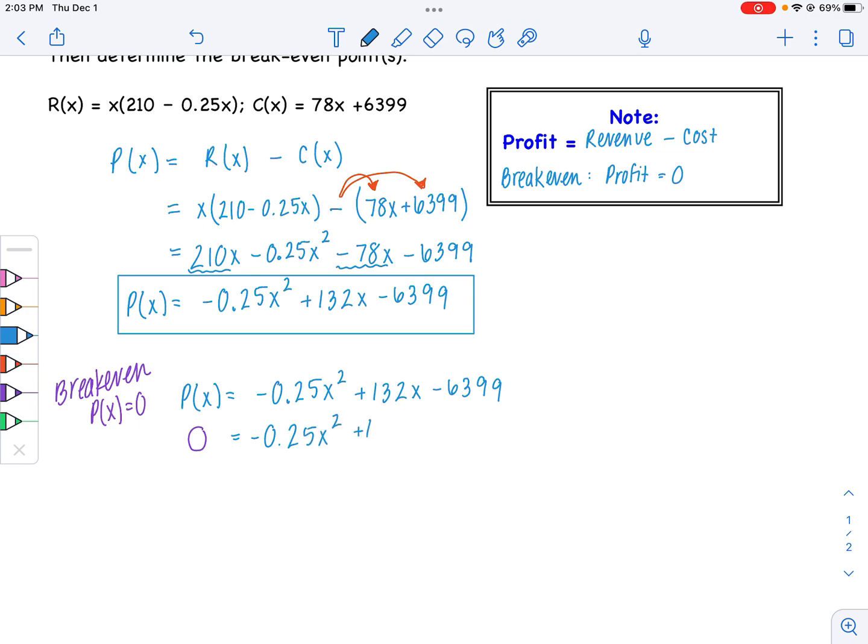Hopefully this looks familiar now, maybe from last chapter. This is a quadratic that's equal to 0. So you can try to factor it. You can try quadratic formula, split the middle, all these factoring options that we had from last chapter. You decide what works best.